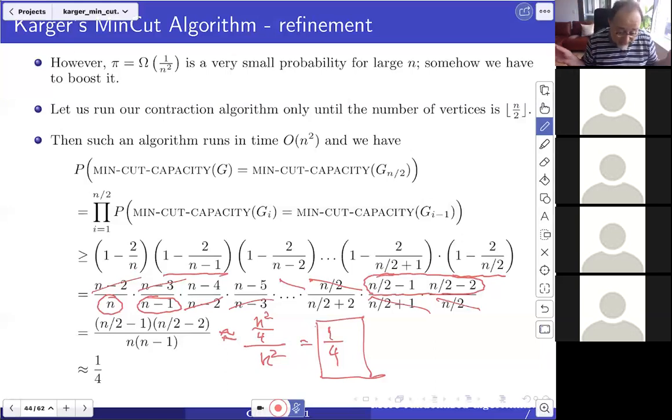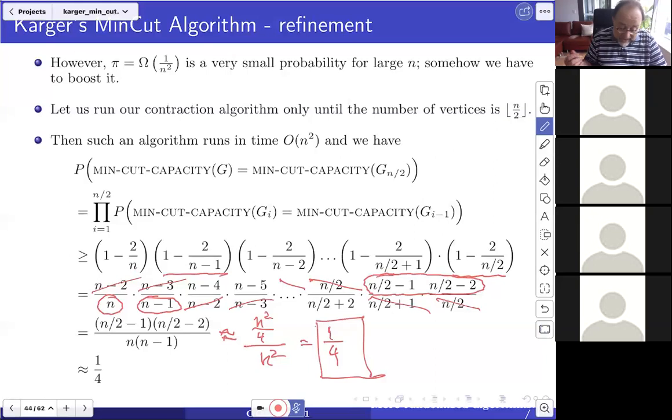So the algorithm is amazingly simple. You pick the edges with probability proportional to their weight. You contract the two endpoints of the edge, and you keep doing that until you end up with only n over 2 vertices. In each contraction, you get a graph with one vertex less. And lo and behold, this simple calculation with very rough estimates shows that the probability of success is actually 1/4.